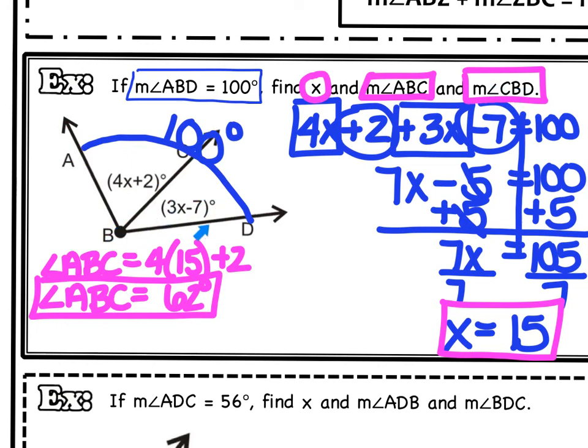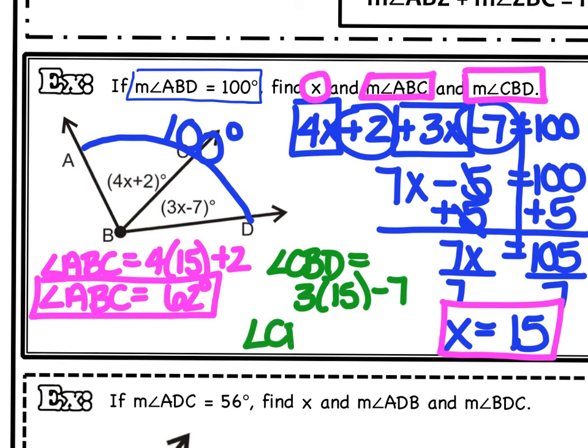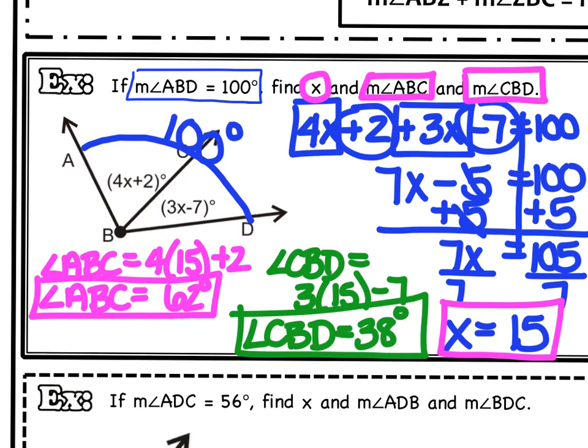Angle CBD is the 3x minus 7, so angle CBD is equal to 3 times 15 minus 7. 3 times 15 is 45, and 45 minus 7 is 38. So angle CBD is going to equal 38 degrees. Now, I have answered all 3 parts of the question, so that tells me I'm done with this example.